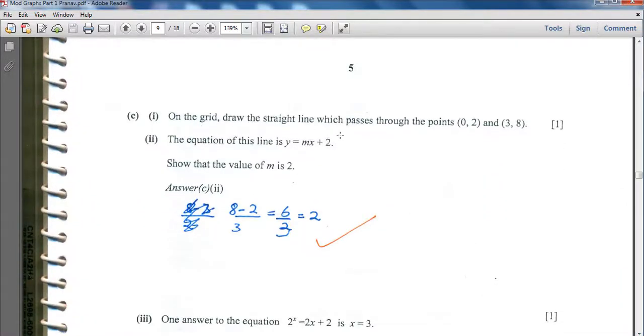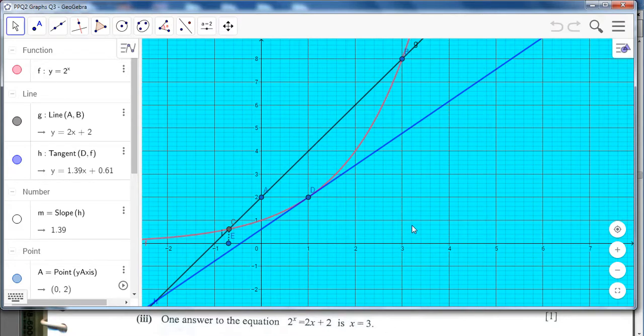On the grid, draw the straight line which passes through the points (0, 2) and (3, 8). So I have already done that part. Just a minute, I'll just show you what it is.